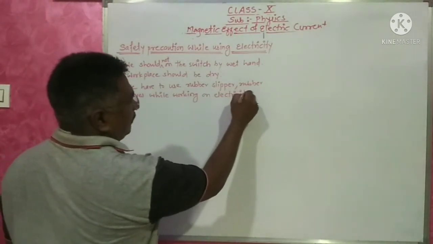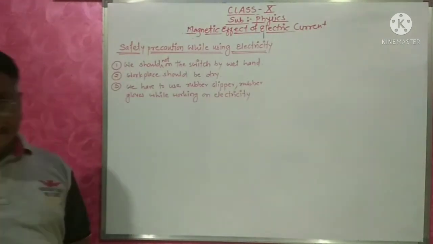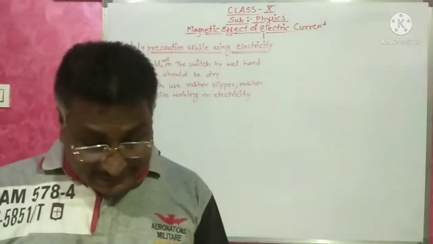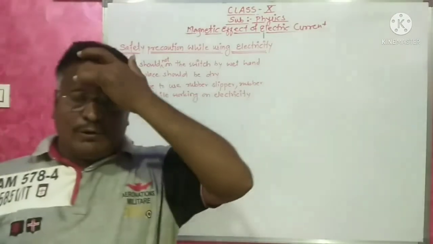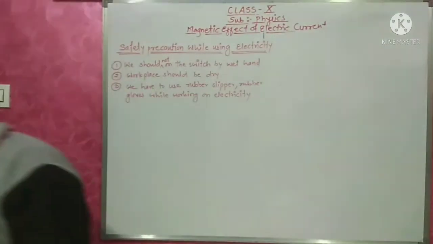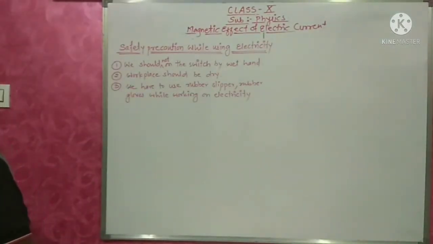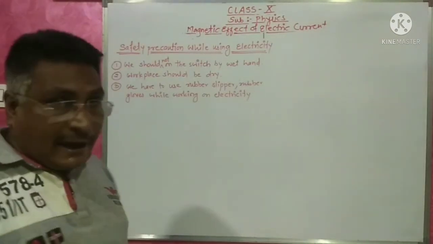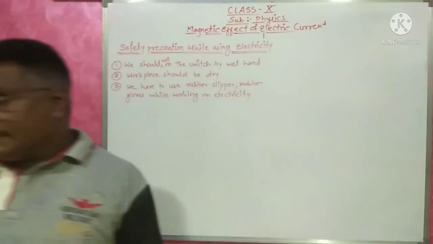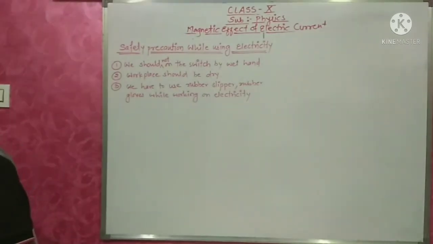When we work on electricity, we should wear slippers and rubber gloves. Without that, we should not handle any electrical appliances. While ironing clothes, we should wear slippers.